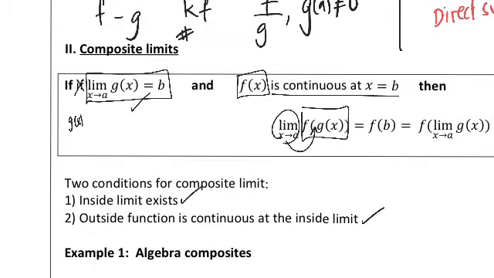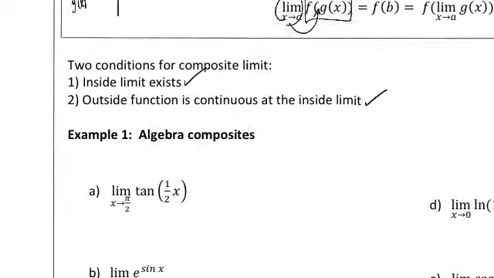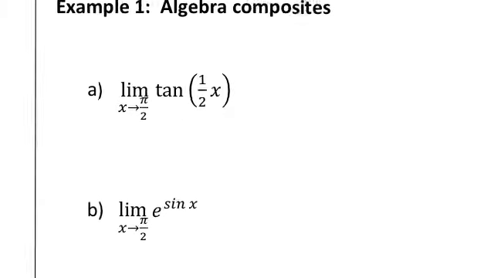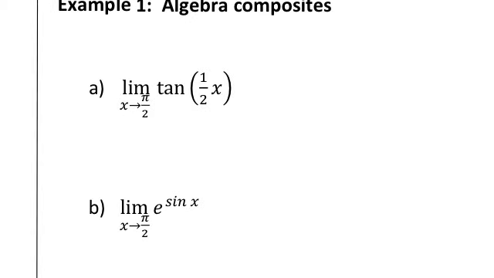But in the case of a composite, if the inside function is actually not continuous, meaning it might have a hole, for example, but the limit exists, then we might still have a continuous composite function. So how does this work in terms of problems? Well, we just check these two conditions and then we do our problems accordingly.